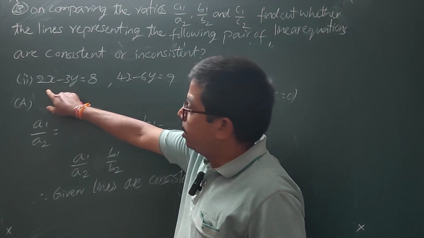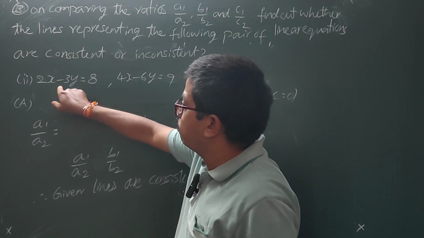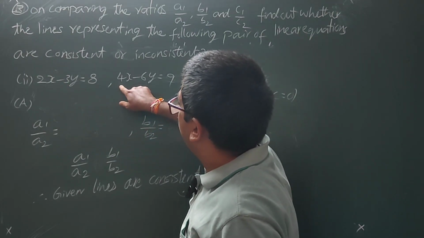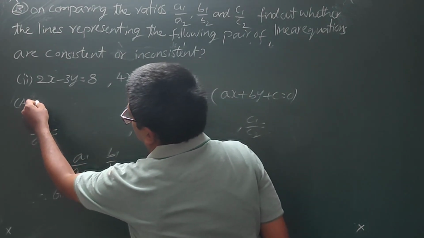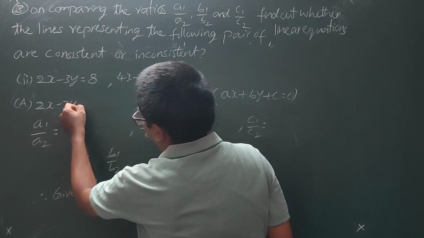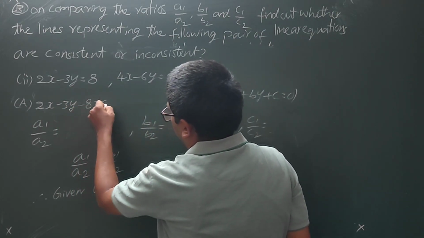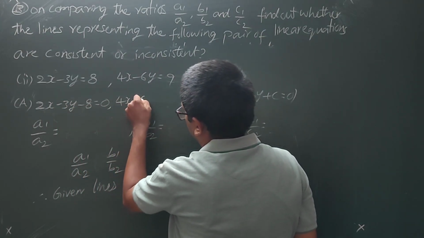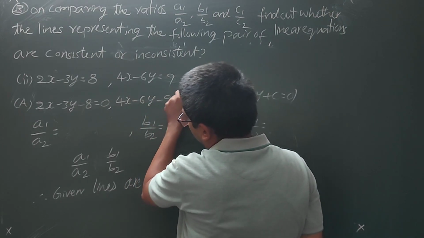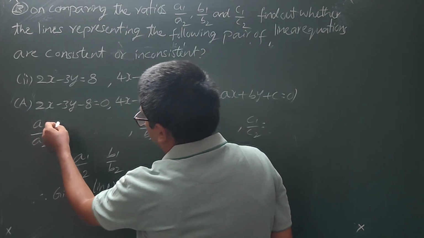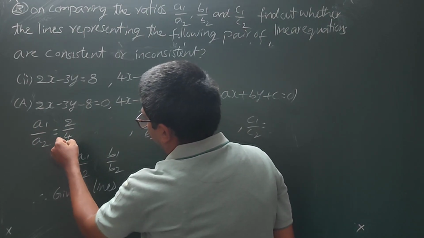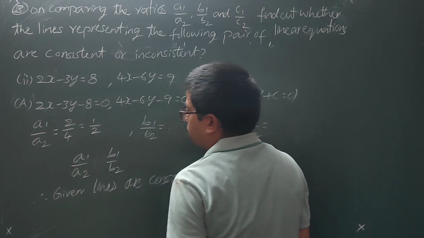So the lines are 2x minus 3y equal to 8, 4x minus 6y equal to 9. Let's convert into standard form. 2x minus 3y minus 8 equal to 0, 4x minus 6y minus 9 equal to 0. Next, a1 by a2 means 2 by 4 equal to 1 by 2.